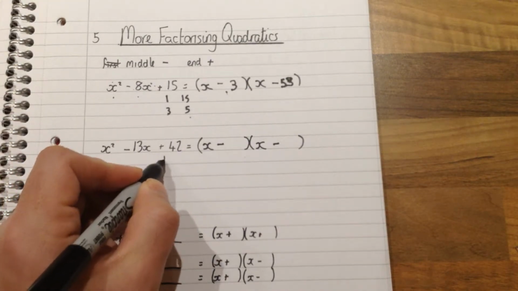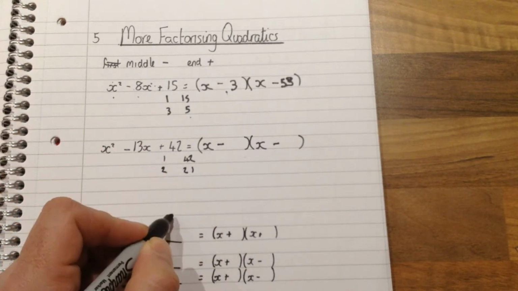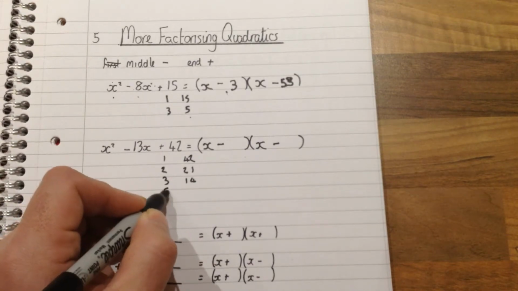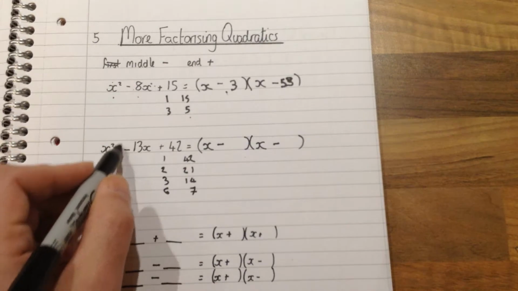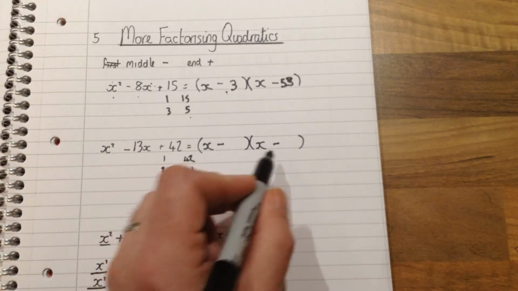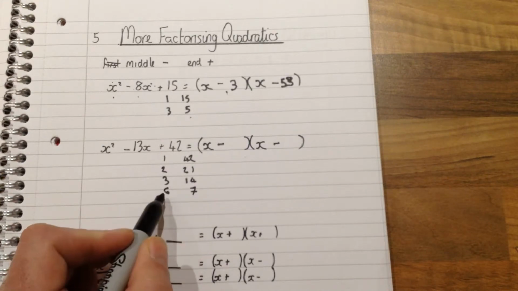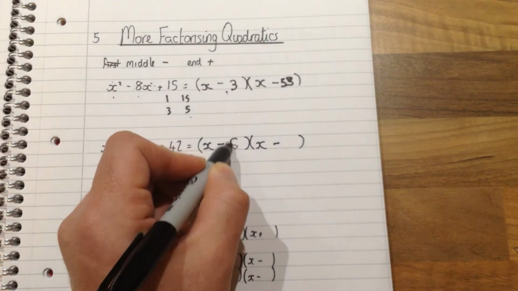So my options here are 1 and 42, 2 and 21, 3 and 14, and then 6 and 7. Now the only two of these that combine together to make minus 13, bearing in mind both numbers are going to be minus, would be 6 and 7, because take away 6, take away another 7, would give us minus 13.